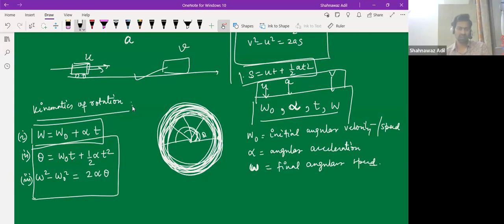We are not considering what is changing the velocity. When we study moving objects without considering the cause of motion, that is kinematics. When we study moving objects while considering what is causing the motion, that is called dynamics.